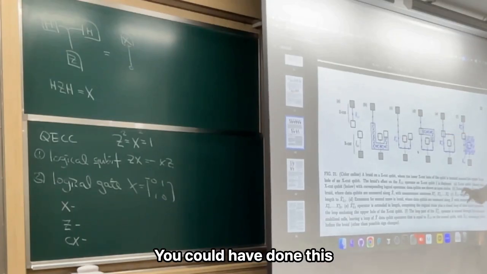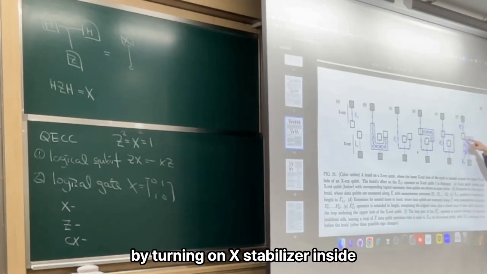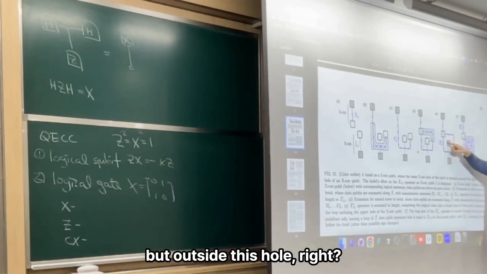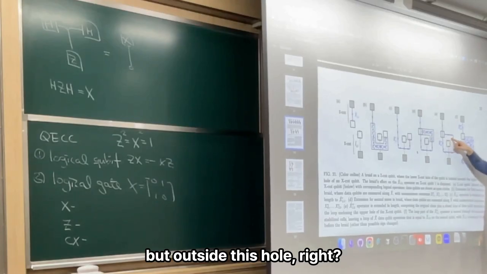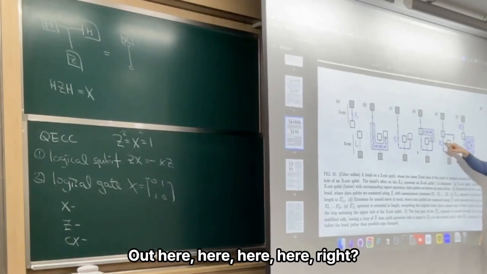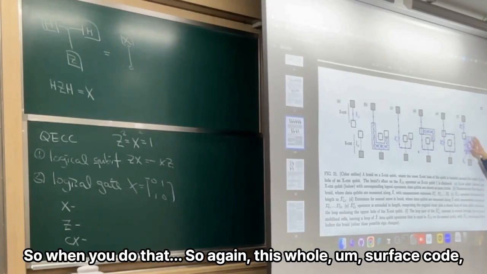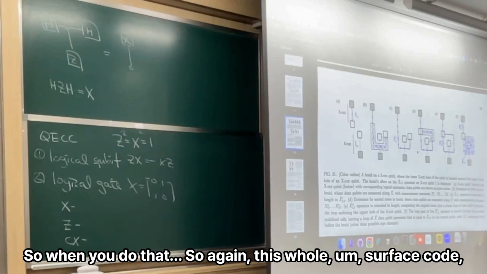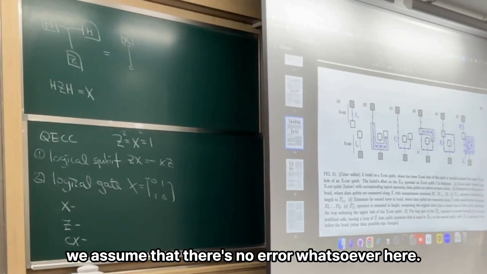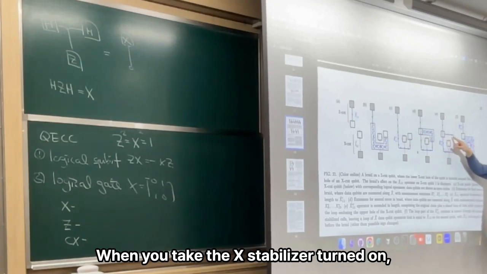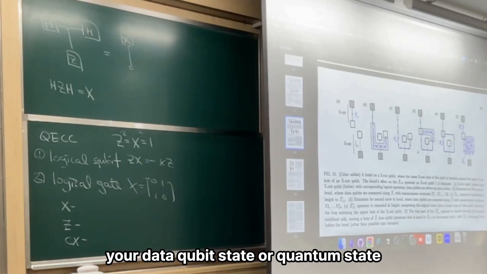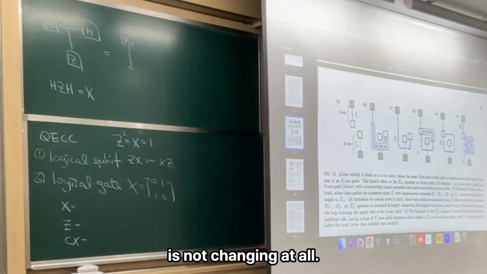You could have done this by turning on an X stabilizer inside but outside this hole, right? Again, for this whole surface code, we assume that there's no error whatsoever. So when you turn on the X stabilizer, the quantum state on the surface code is not changing at all.